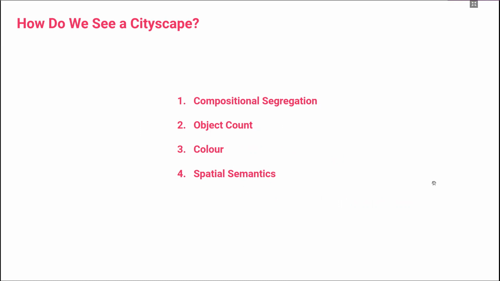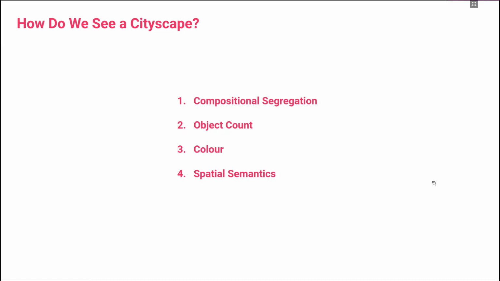Research says that there are 4 different things at play when we observe a cityscape, or when we quite literally look out of the window in a city. Number 1 is compositional segregation, which is to say that our brain automatically segregates what we're seeing into, let's say, on the left, I see built mass.